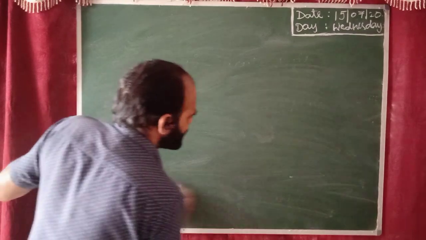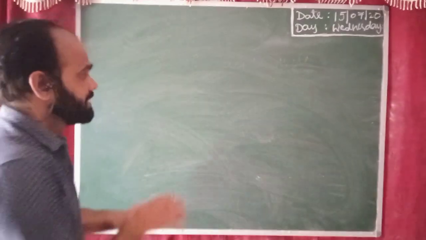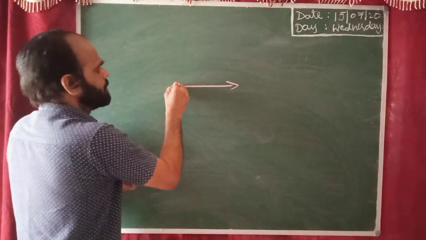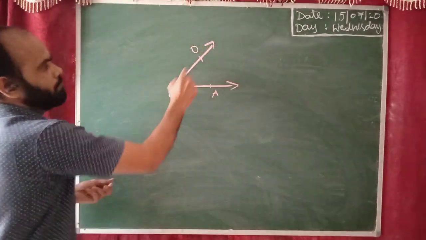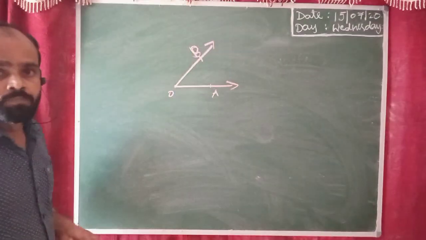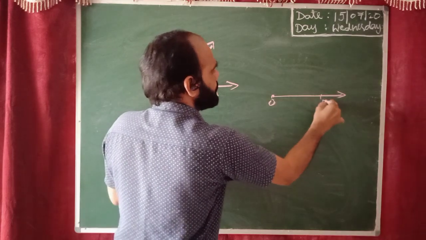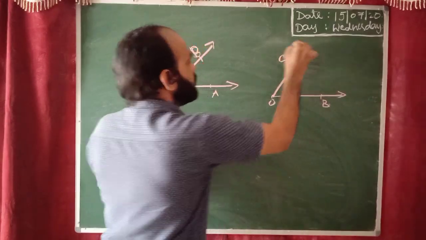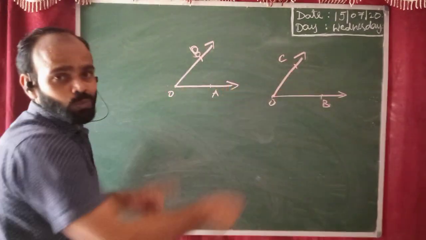Now, one more important thing is, I have two angles. Say AOB is one angle, and I have one more angle, B and C. What can you say by looking at these two? OB is common for these two.